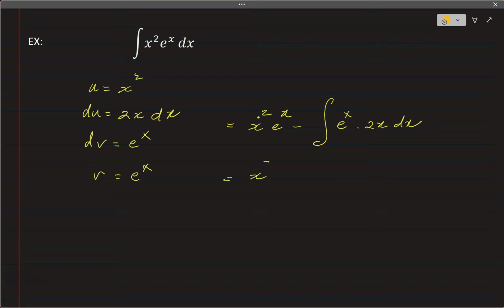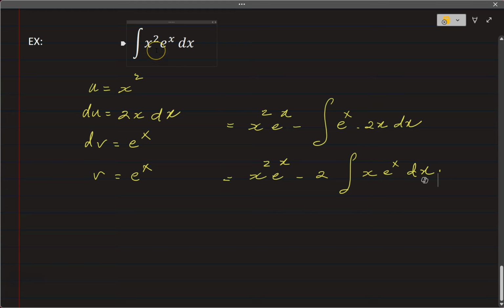That becomes x squared e to the x minus 2, I'm going to take the 2 out, the integral of x e to the x dx. Now, you look at this and you say, okay, this new integral, x times e to the x dx, is still complicated, but it's a little bit easier than the original one.